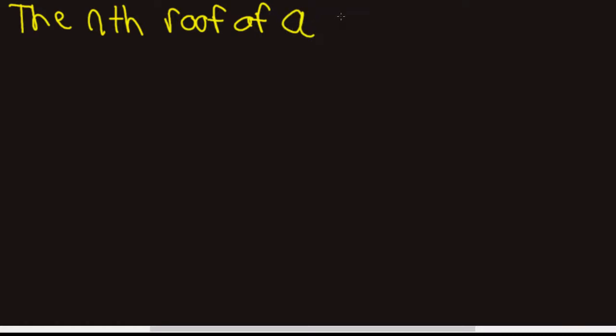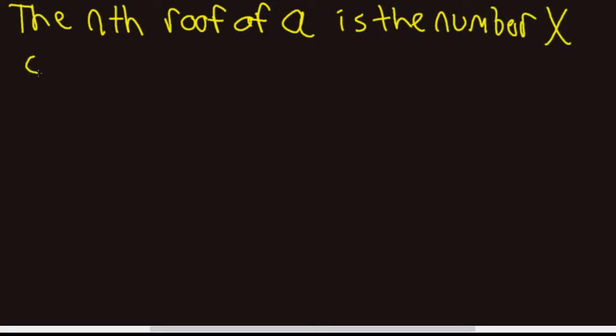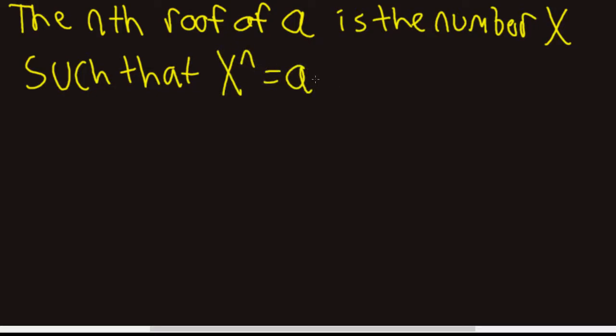So we're going to define the nth root of a is the number x such that x to the n is equal to a. And from there, we get that the nth root of a is equal to x.